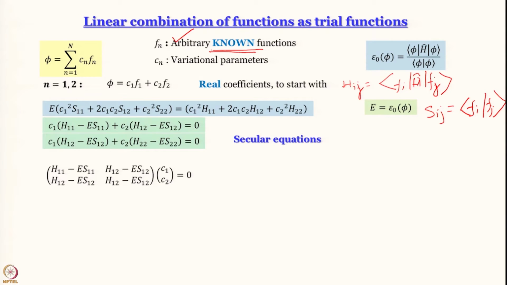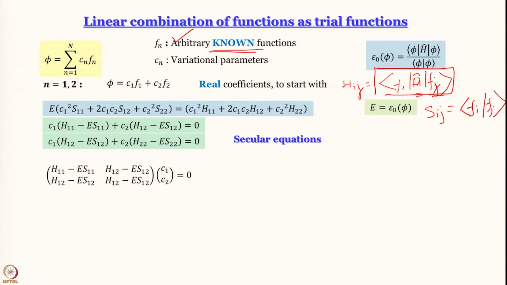If I use a Gaussian function, I know where the maximum is, I know what the full width half maximum is. If it is an exponential function, I know the constant associated with that exponential decay, and so on and so forth. So, I know the functions. Also I know the Hamiltonian, so I can hope to actually work out the value of these integrals.